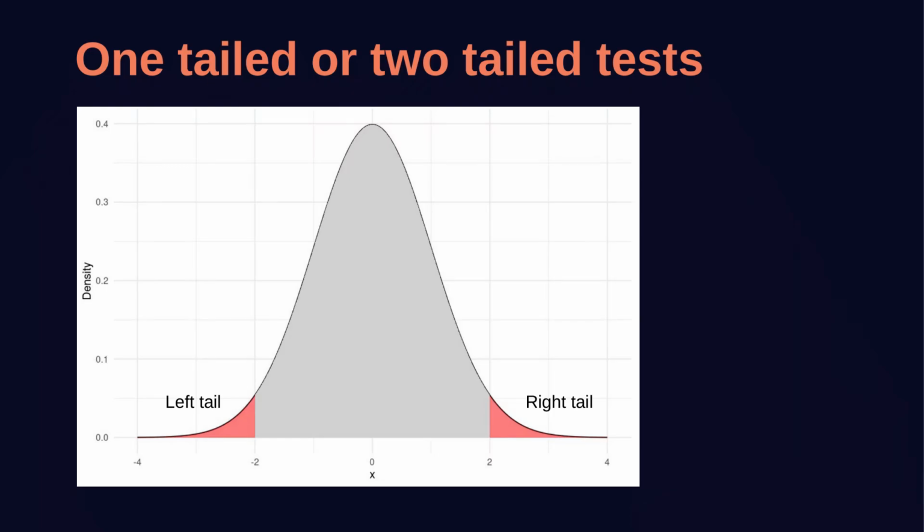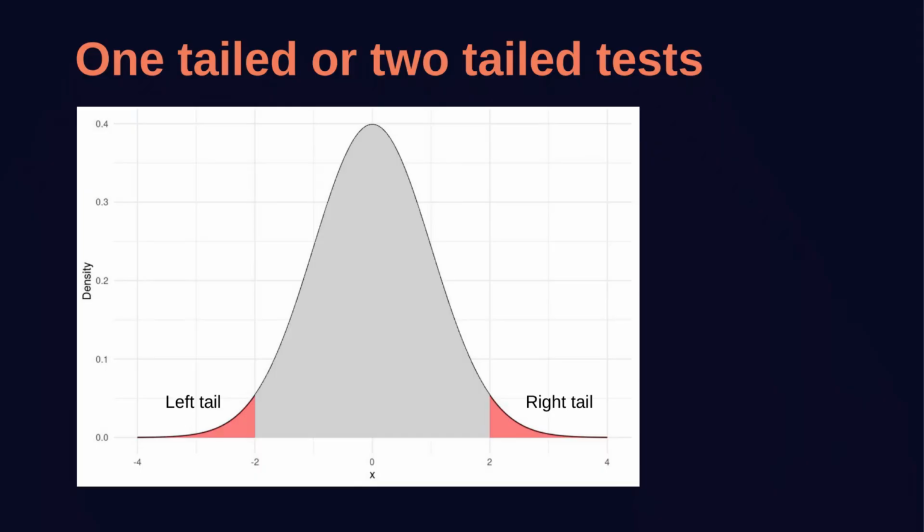Let's look at a normal distribution. The tails of a distribution, colored in red, are the left and right edges of its probability density function, or PDF. Hypothesis tests can help us figure out if the sample statistic falls within these tails of the null distribution. There are three types of tests, and which one we use depends on how the alternative hypothesis is worded.